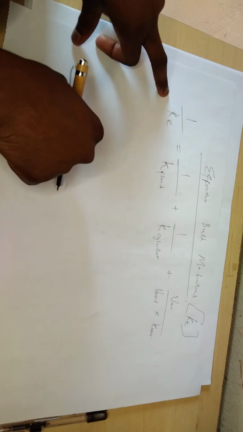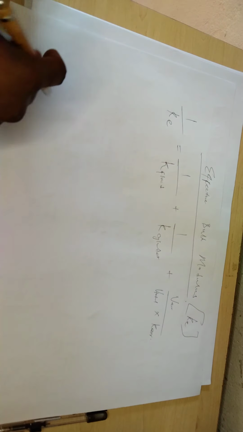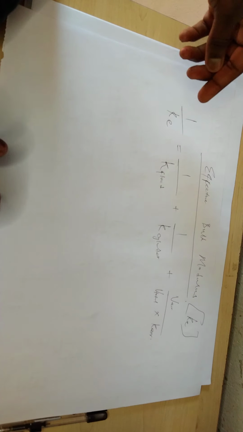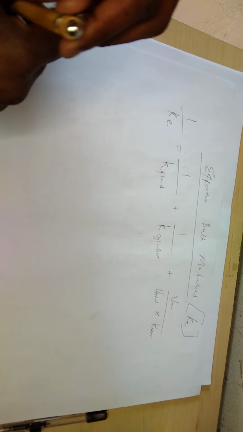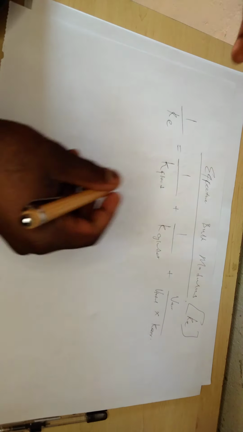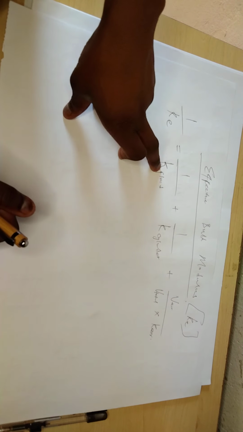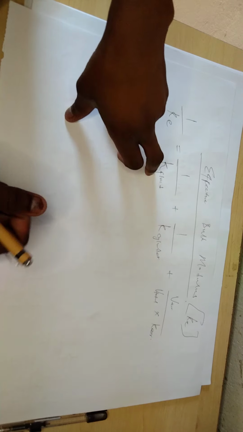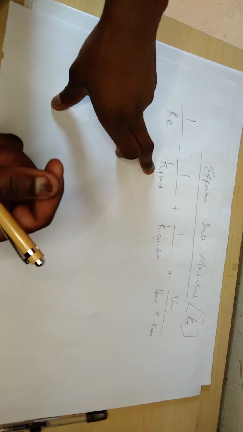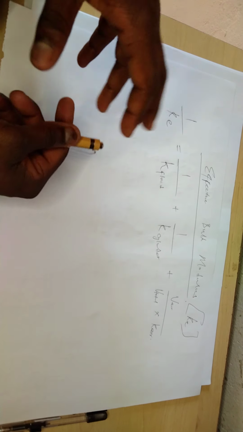Usually we say this statement: effective bulk modulus is slightly equal to the effective bulk modulus of a fluid. They are slightly the same.